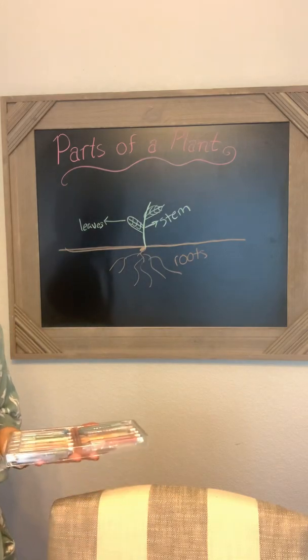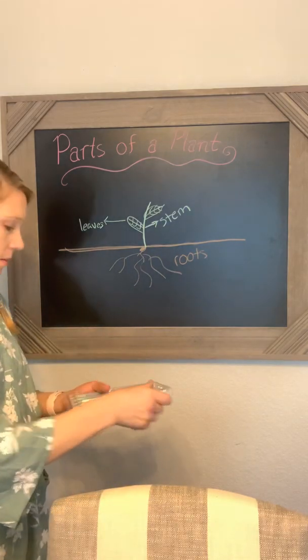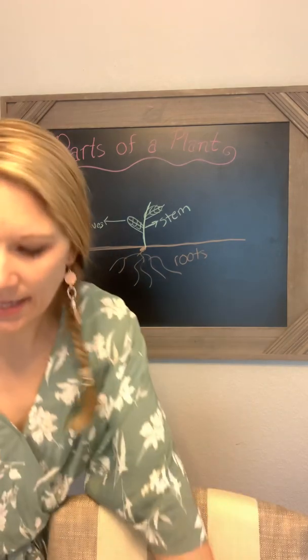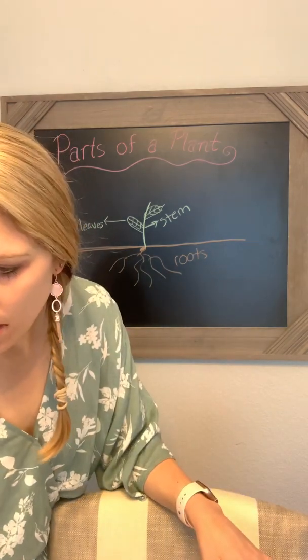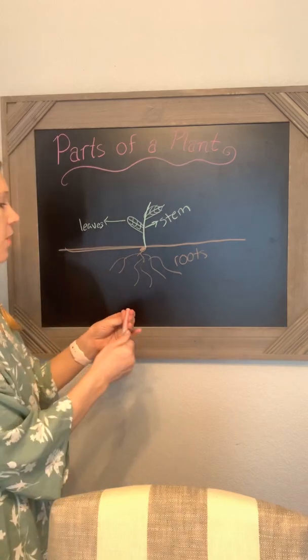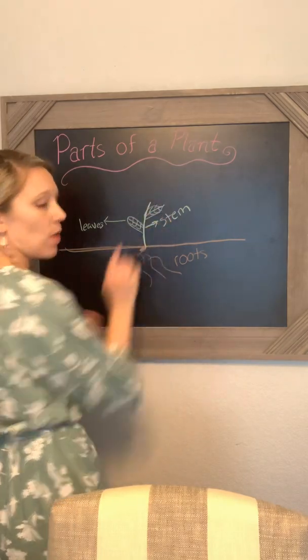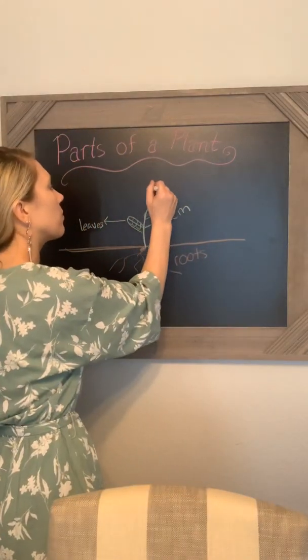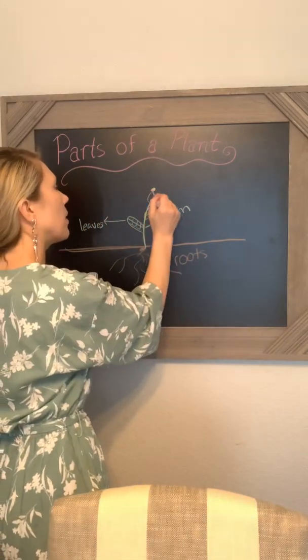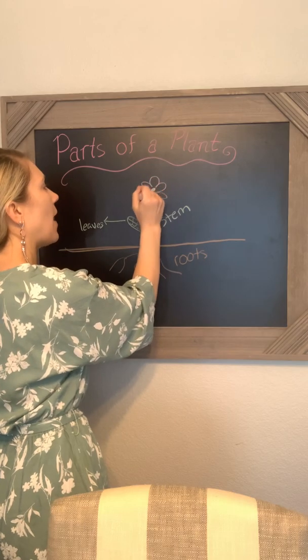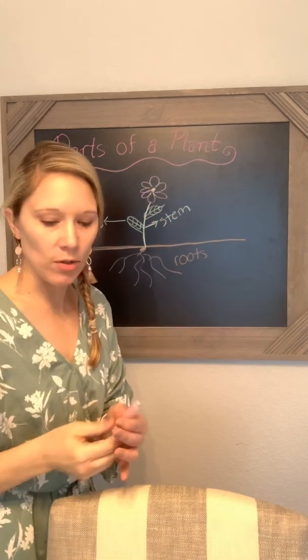Now above it, trying to get some pretty colors. Above the stem, it hooks on to, well, sorry, let me do this first. I'm drawing a generic flower. There's lots of different types of flowers, okay?